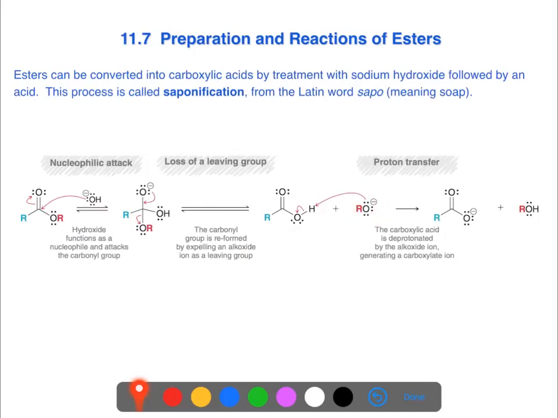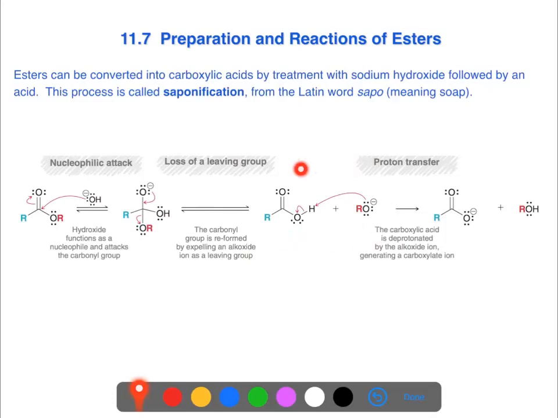So this is a poor leaving group, but the reason why this reaction proceeds so efficiently is that this leaving group re-reacts with the newly formed carboxylic acid to give you the carboxylate and the corresponding alcohol. So in effect, this proton transfer locks in this reaction. If it weren't for this subsequent proton transfer occurring immediately following the formation of the carboxylic acid, the equilibrium would rarely favor this forward direction.